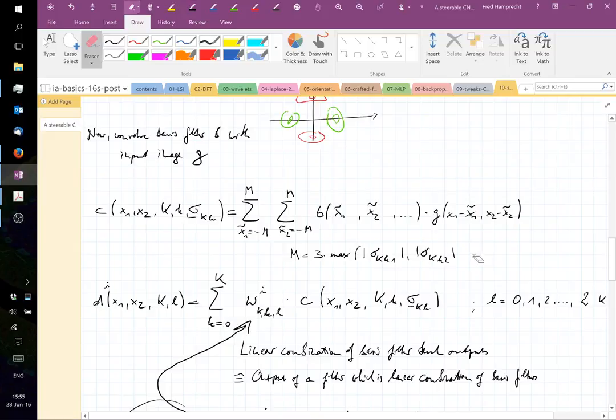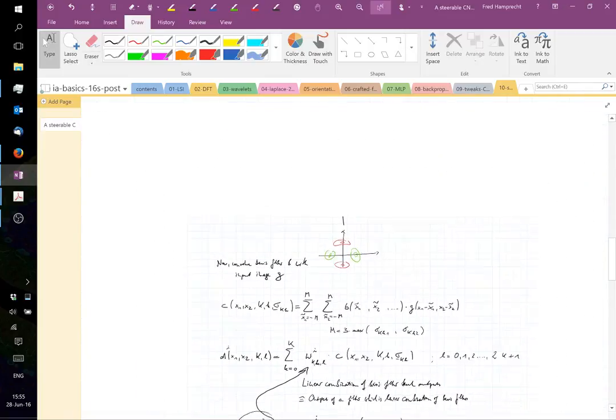I don't need absolute values because these are positive numbers anyway. So then the filter mask would be 3 times the standard deviation of the bigger of the 2 filters that I'm using. Okay, and then we can do backpropagation.